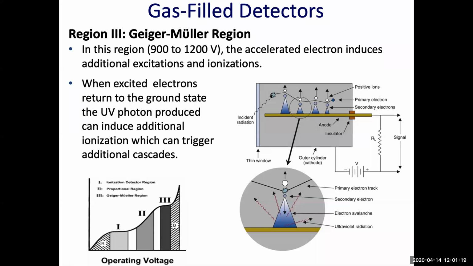This process is terminated when a sufficient number of slow-moving positive ions are collected around the anode, effectively reducing the electrical field below the level required for gas multiplication. So this is the anode here. Because the voltage is very high, the ultraviolet produces another ionization, which produces ultraviolet, and so on.